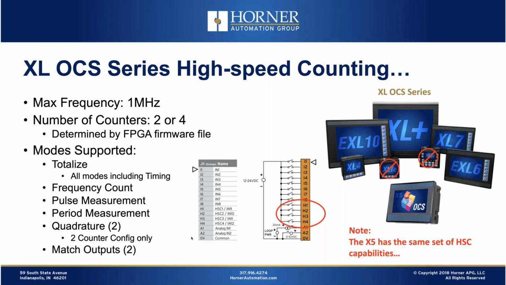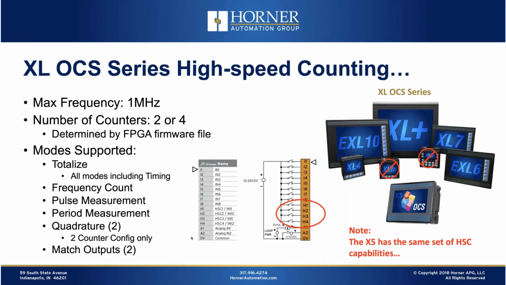And then there's also 2 match outputs, but these outputs can either turn on based on position of the accumulator or a value in the accumulator, or turn off or toggle. So they're a little more configurable on the match output side than what you'll find on the micro series and the XLE and XLT. Now, one thing that is not necessarily intuitive is that the X5 has the same internals as the XL family.